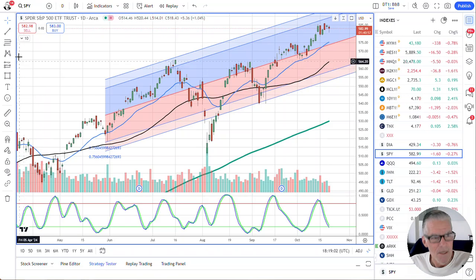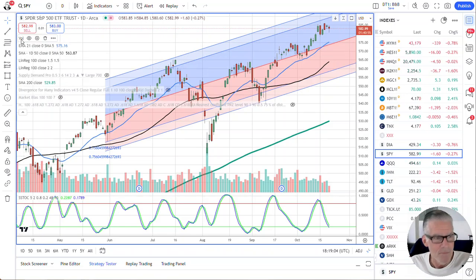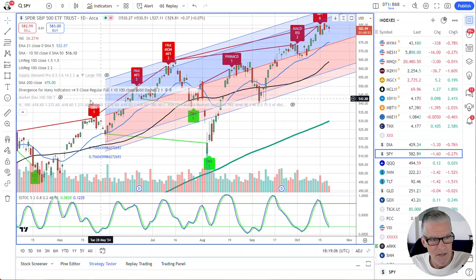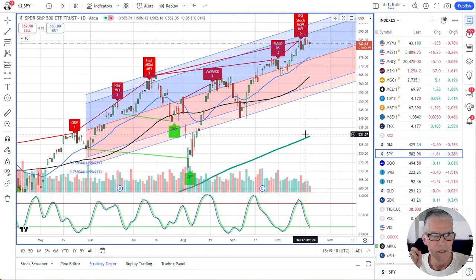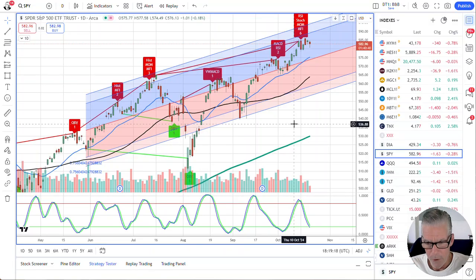Let me give you a couple of extra ones here that you might be interested in. There is a free parameter called divergence, and this is an indicator that measures bullish and bearish divergence per pivot points in price, both high and low.